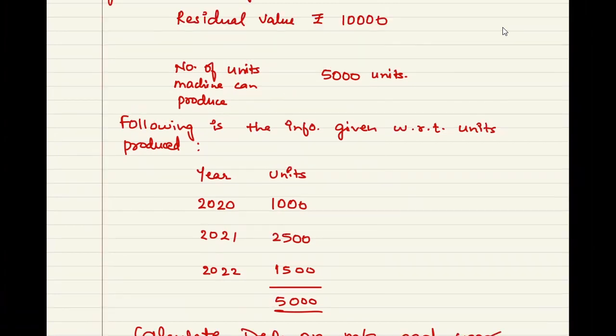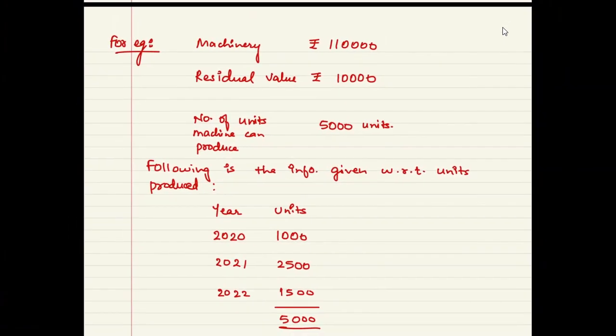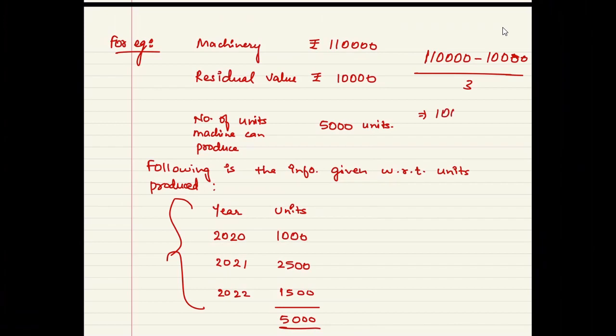So as per the traditional method, what would I have done if this is used for only 3 years? I would have taken the cost minus residual value divided by the useful life, which is 3 years. So in this case, it would be 1 lakh divided by 3, that is 33,333.33.